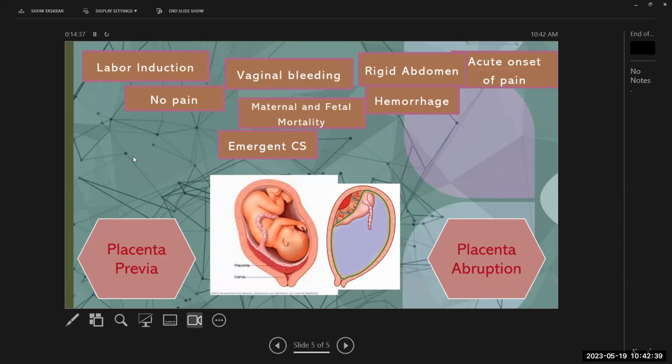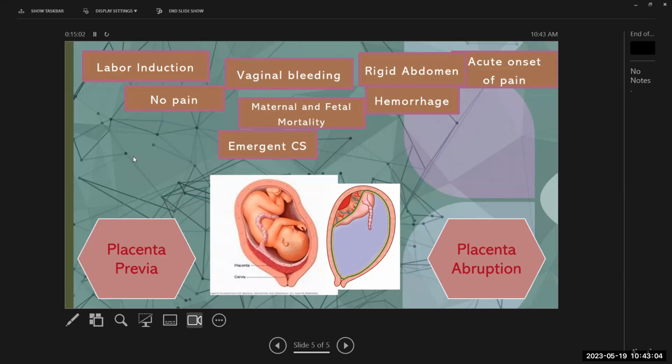Can you imagine what you would see in this picture? Other than the mother's symptoms, what would you see on the monitor if you had an abrupted placenta during labor? You think about that. If there's a lot of bleeding going on and a backflow possibly from the placenta, what might you see?